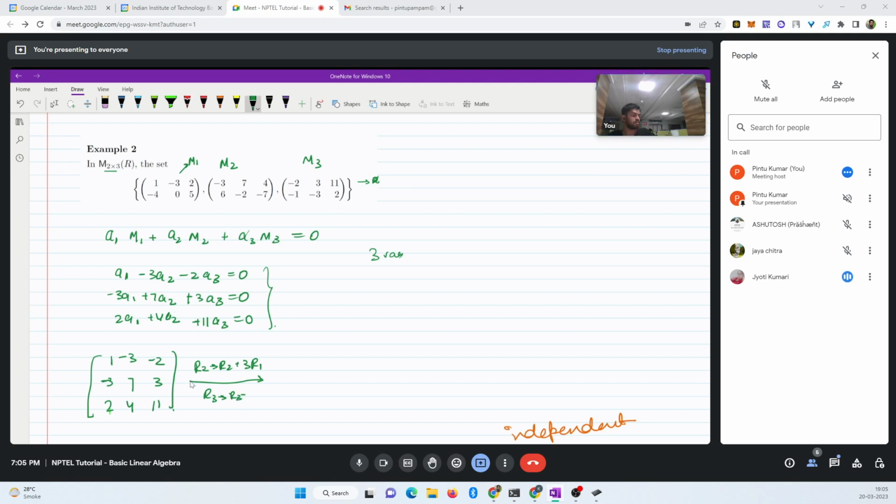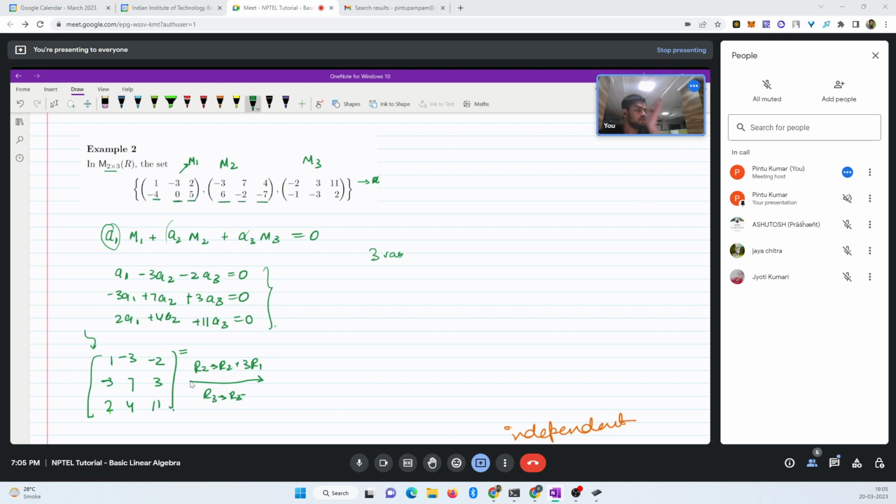Determinant value of this matrix is 0, so dependent. Yeah, you can say like that also. But what we want to do is find the values of A1, A2 and A3. Why we want to find A1, A2 and A3 and why not only look at the determinant is because we will get 3 more equations from the rest of the terms.